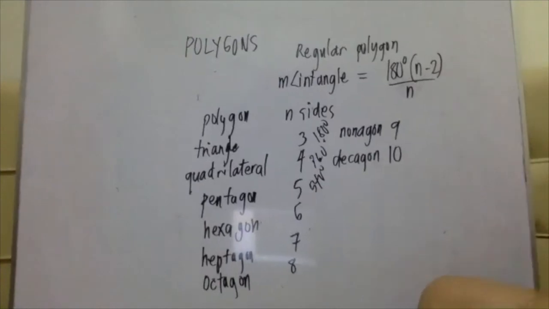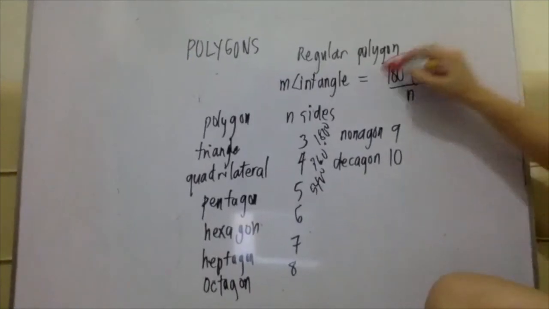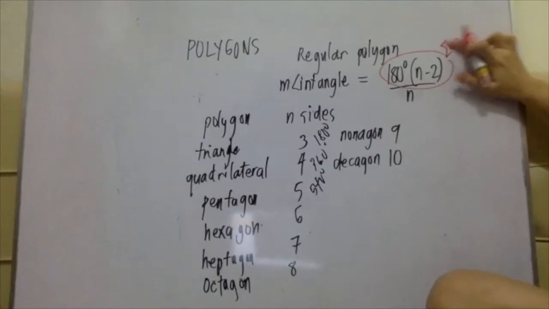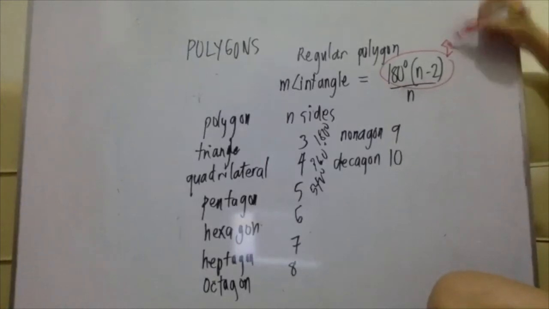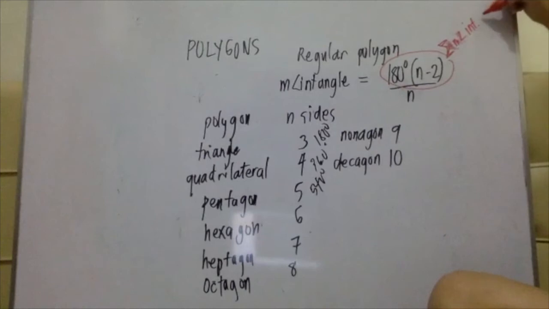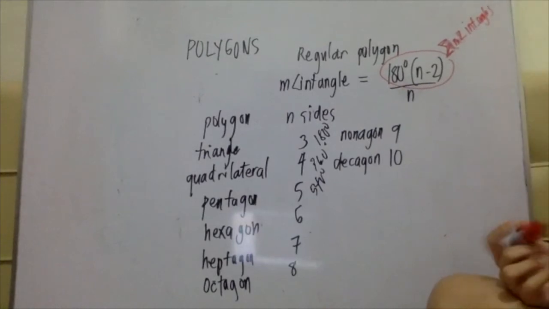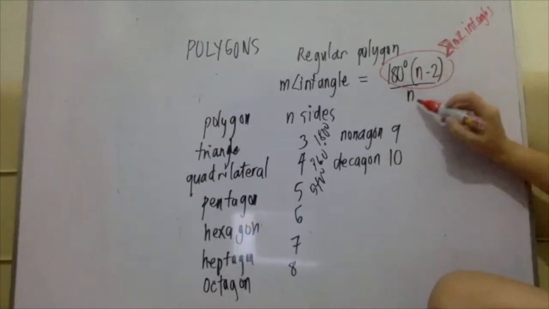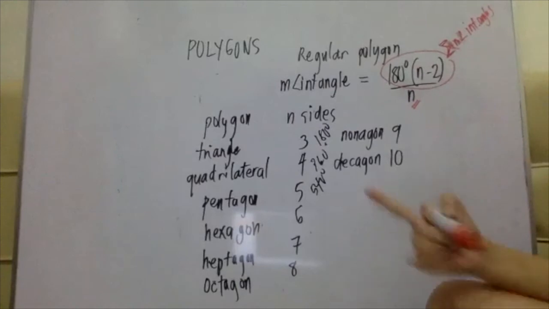Kung mapapansin nyo, itong nasa taas, this is just the sum, no, redundant. This is just the summation guys ha. Sum of the measure ng lahat ng internal or interior angles. Okay? Since pare-pareho sila, yung sum niya, i-divide mo lang equally into the number of sides.